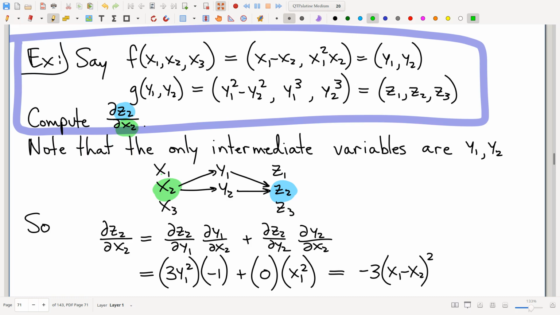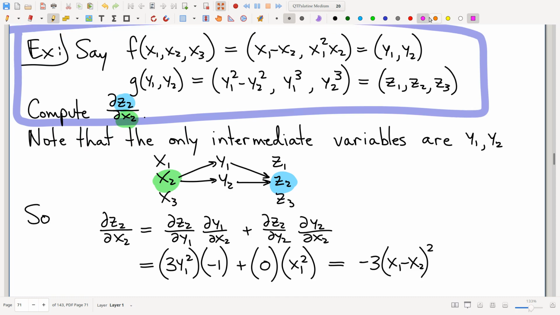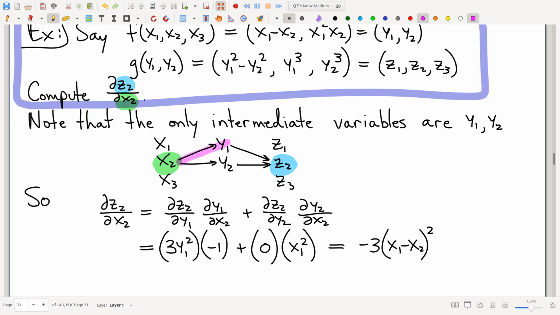What are all the possible paths? Where do my terms come from? Well, I have, it would seem, a Y1 path, so I get a Y1 term. And then I also have a Y2 path for the Y2 intermediate variable, and I have a Y2 term. Notice that the terms always fit the same form. The Y1 term has partial Y1s there and there.